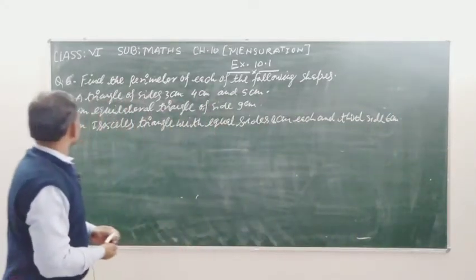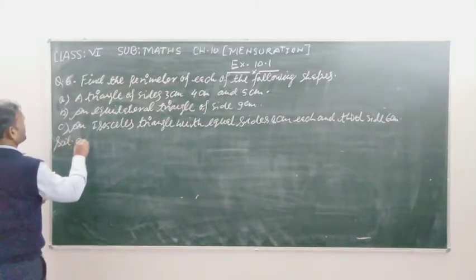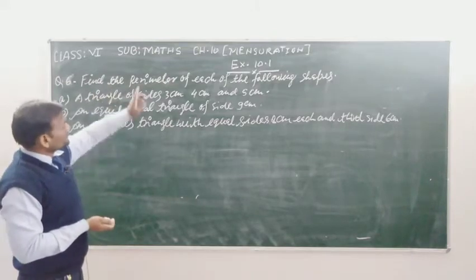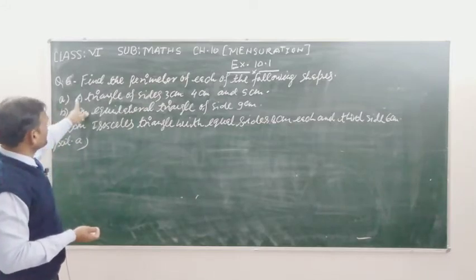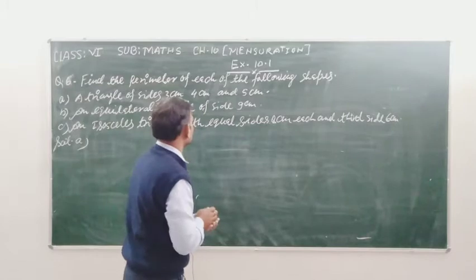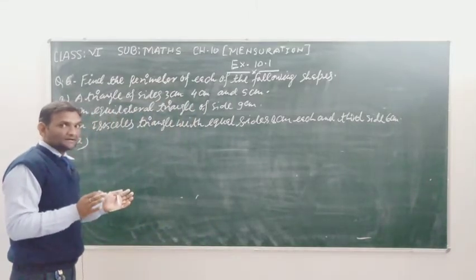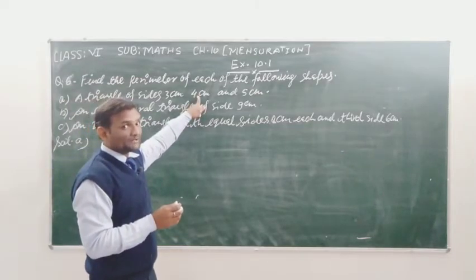So I am going to solve the first part, student. We need to find the perimeter, and part A is saying a triangle of sides 3 centimeter, 4 centimeter and 5 centimeter. You know a triangle has 3 sides, and the measures of the 3 sides are given, and you need to find the perimeter.